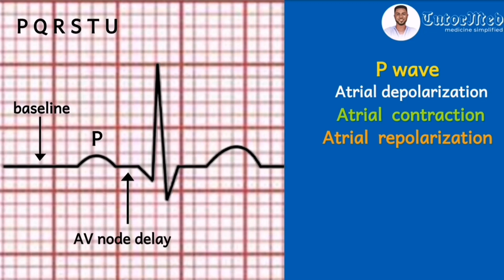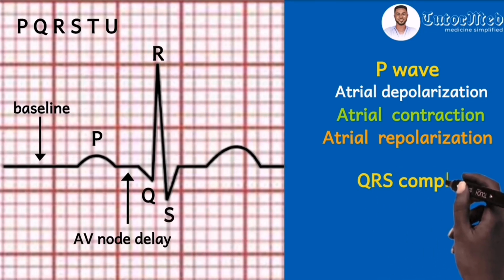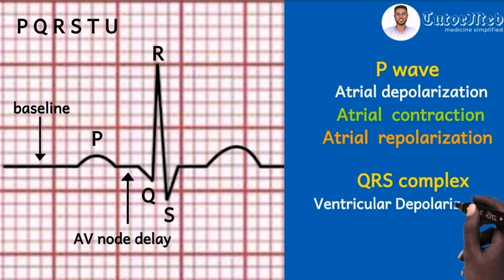After the delay, the impulses reach the ventricles and activate them, and ventricular activation, or properly ventricular depolarization, is represented by these deflections, a combination of the Q, R, and S waves. And because they are a combination of waves, this is called the QRS complex. And so the QRS complex represents ventricular depolarization.